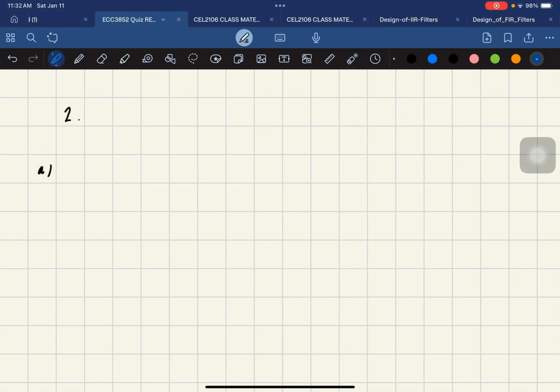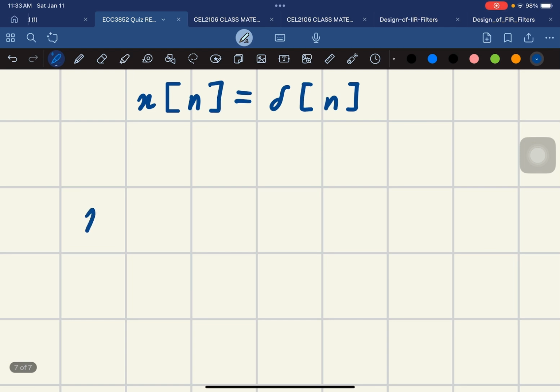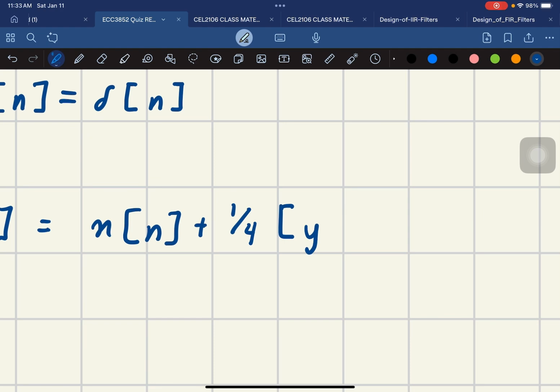For question 2A, the impulse response h[n] is determined by solving the equation when the input is x[n] equal to delta[n]. So y[n] is equal to x[n] plus 1/4 y[n minus 1].